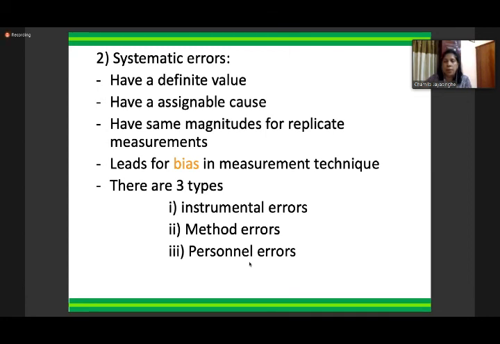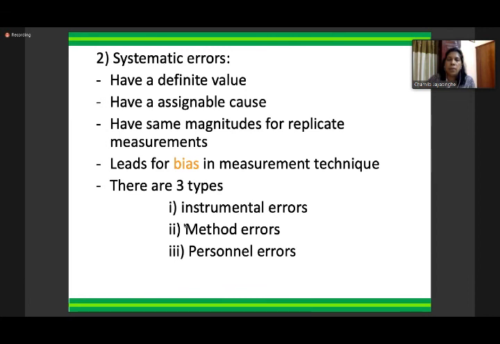In your case too, when you do your research project, if you routinely do something wrong, then the personal errors are there in your data, right?